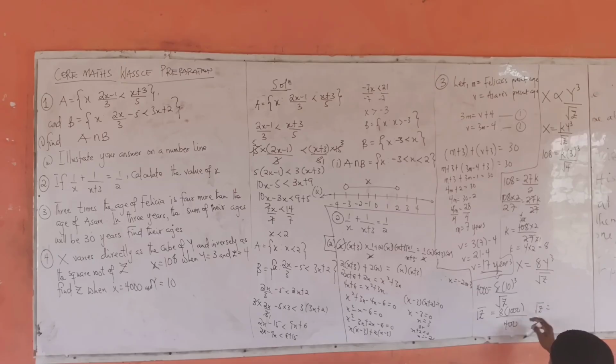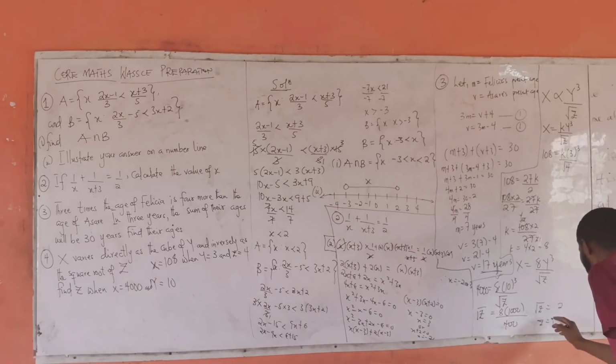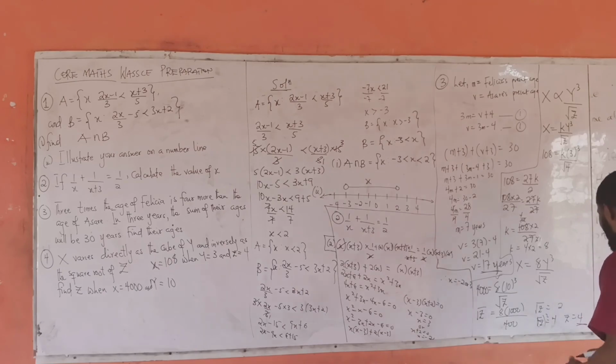So 8,000 over 4,000 is 2. Root of z is equal to 2. Sorry, this should be squared. This should also be squared. So here will be 4. So z is equal to 4. So this is the value that we have.